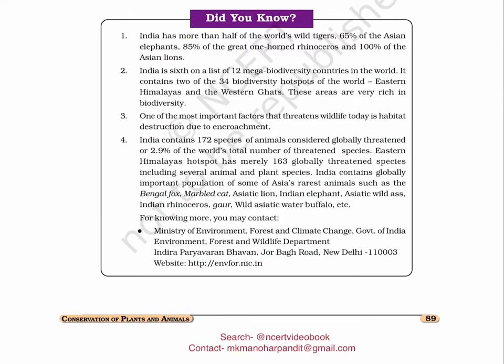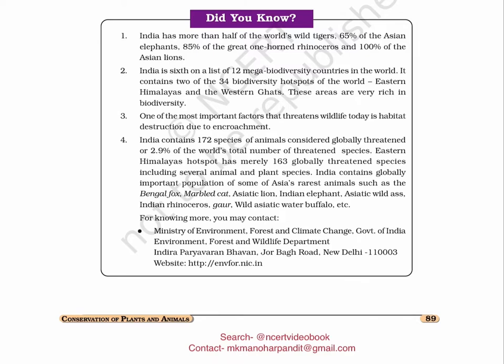Third, one of the most important factors that threatens wildlife today is habitat destruction due to encroachment. Fourth, India contains 172 species of animals considered globally threatened, or 2.9% of the world's total number of threatened species.